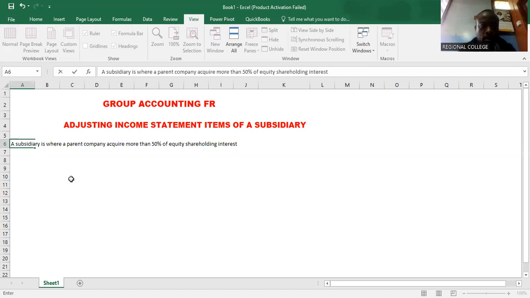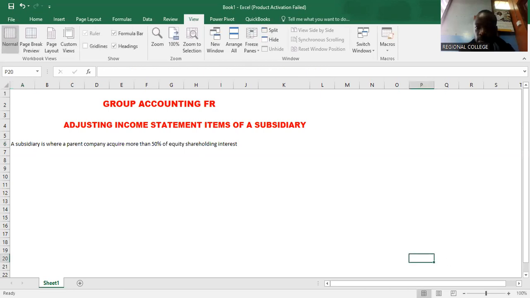So long as it's more than 50%, that means it is a subsidiary and the parent is controlling more than those percentages.